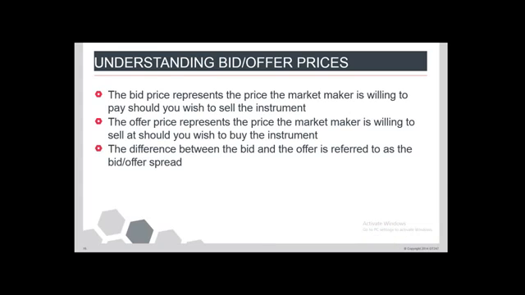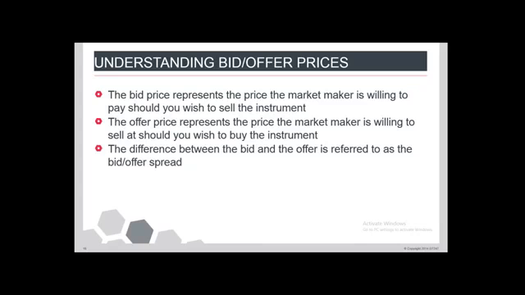On our platform, you'll notice that there are two prices, the bid price and the offer price. The bid price represents the price that the market maker is willing to pay should you wish to sell the instrument. And the offer price represents the price that the market maker will be willing to sell to you if you wish to buy the instrument.